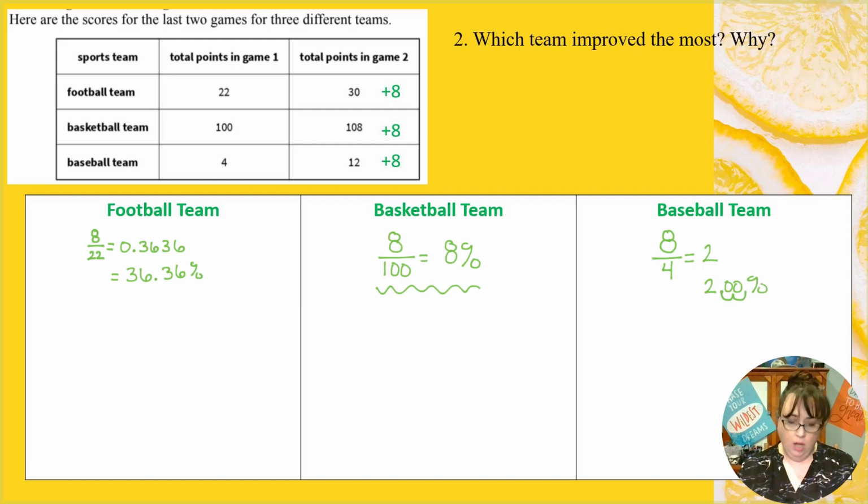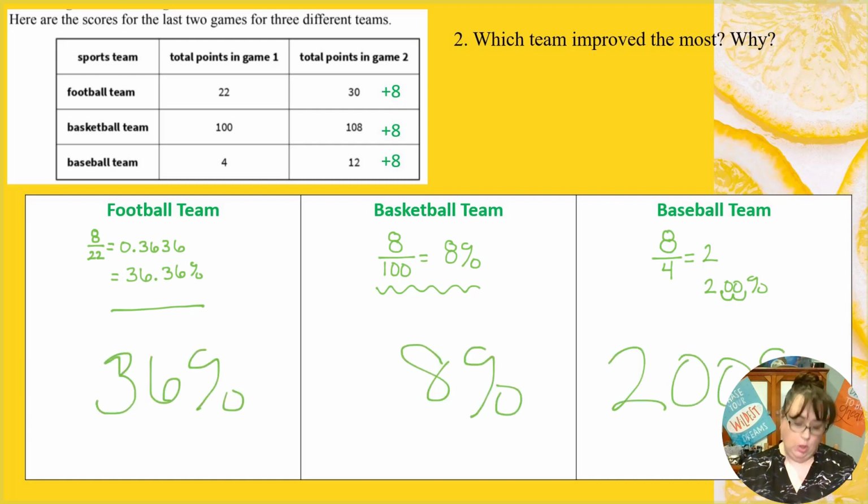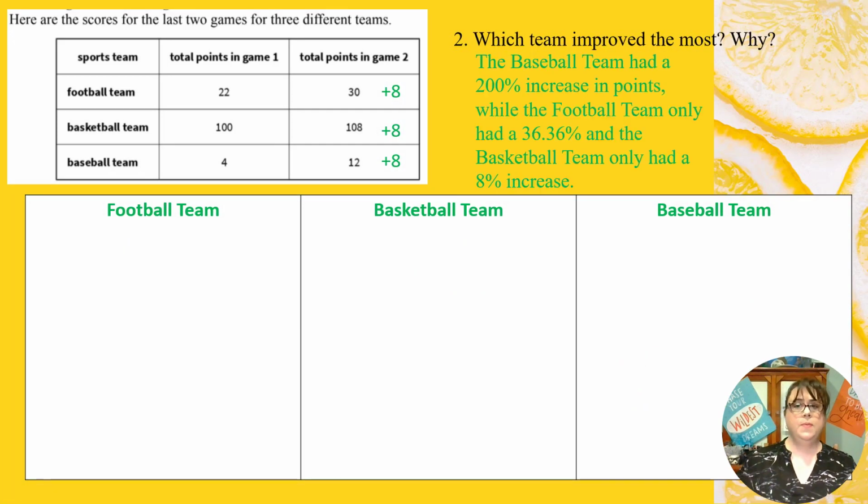So if we look at all of our percents, a 36.36% increase, an 8% increase, or a 200% increase, who improved the most and why? The baseball team had a 200% increase in points, while the football team only had a 36.36%, and the basketball team only had an 8% increase. So we can see, obviously, the baseball team is doing much, much better.